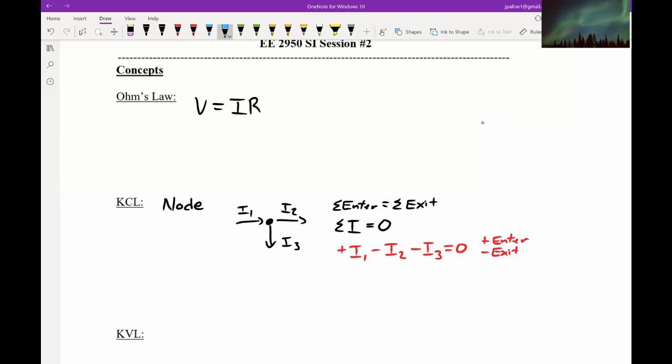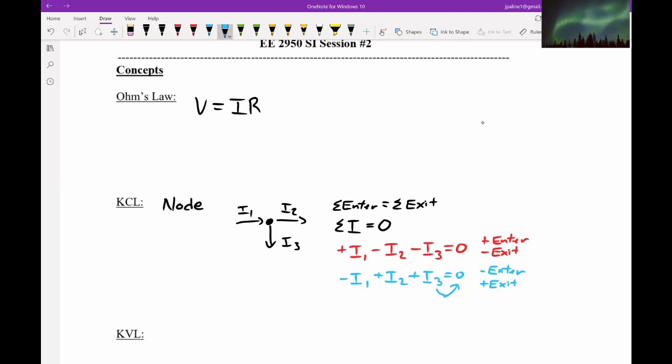Can you do negative as entering and positive as exiting? And the answer to that is absolutely. Of course you can. All that is moving the currents to the other side of the equal sign. So both methods work, both conventions work, just whatever you're comfortable working with, and just keep it consistent.